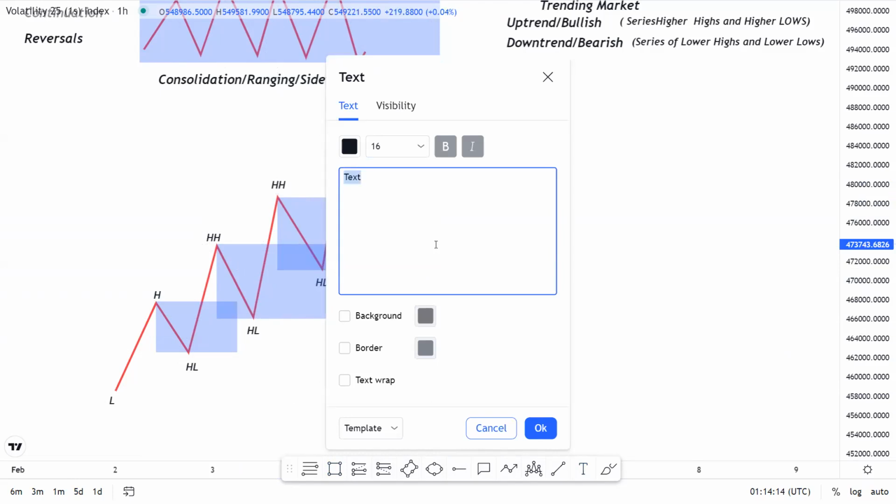Now you have to understand lots of people tend to give these different names in the markets, but they all mean the same thing. So you could either see people call these retracements, pullbacks, or corrections.